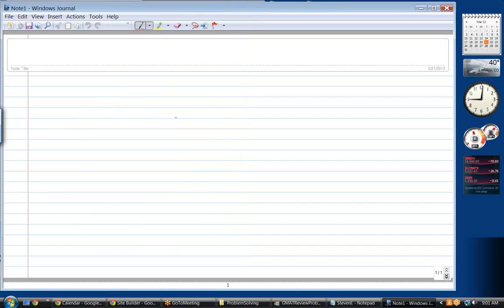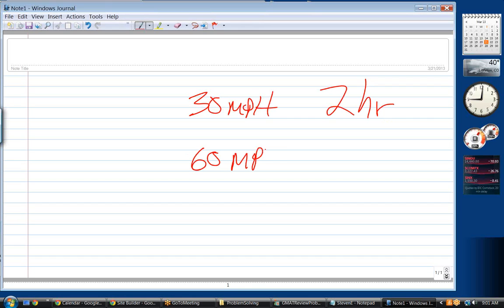If you go from Colorado Springs to Denver at 30 miles an hour, it takes 2 hours. If you return at 60 miles per hour, it takes 1 hour. What's your average speed?